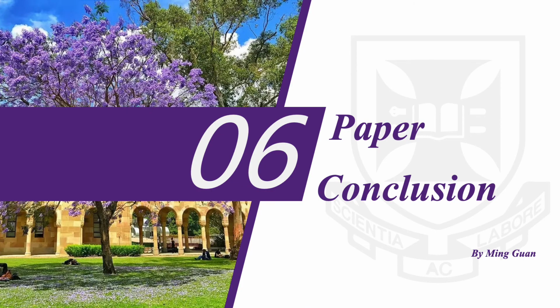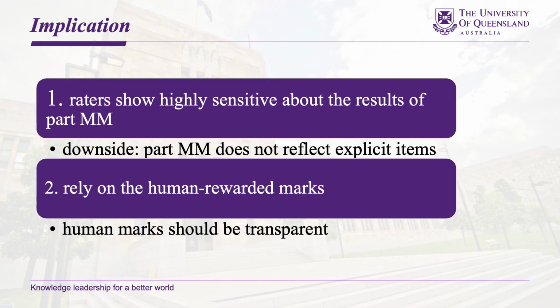Paper conclusion. Findings illustrate that the choice of marking models has a significant influence on the classification of candidates' professional levels, so it is essential to consider validity and justify the choice of marking models.